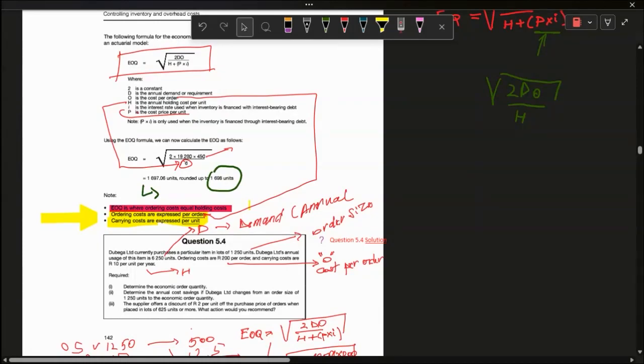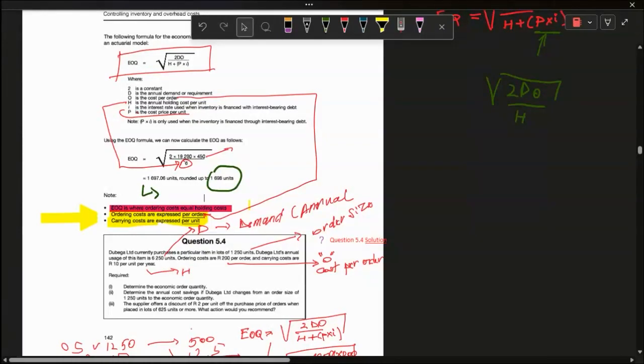They want you to find that point where the ordering cost equals the holding cost. That's all. That's what it's all about.